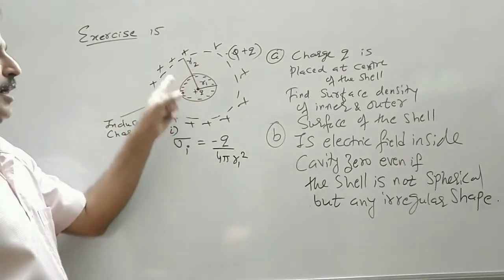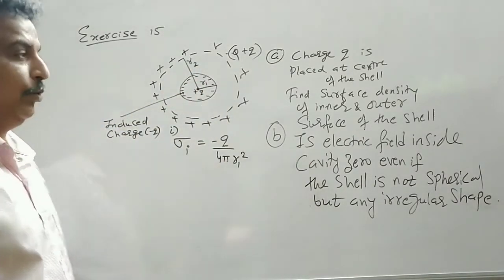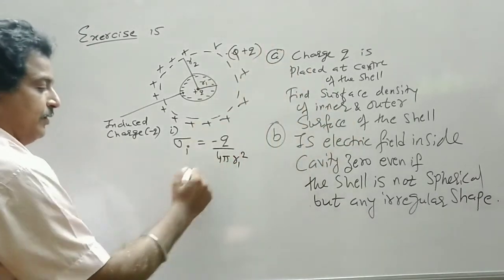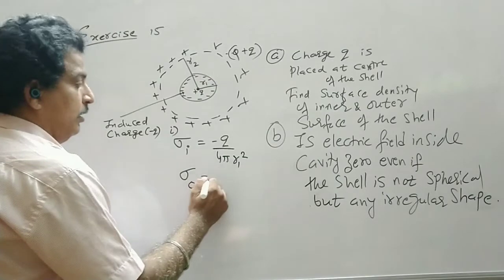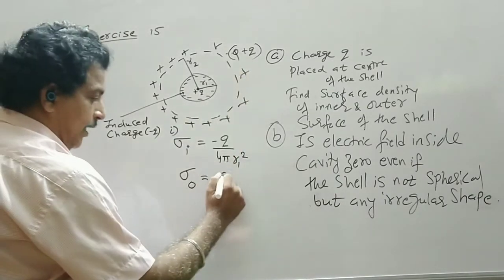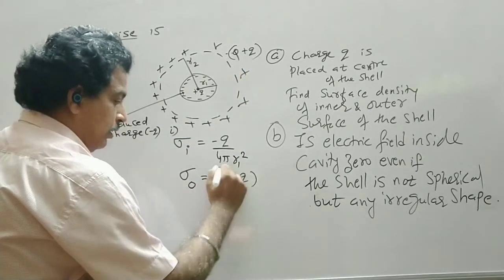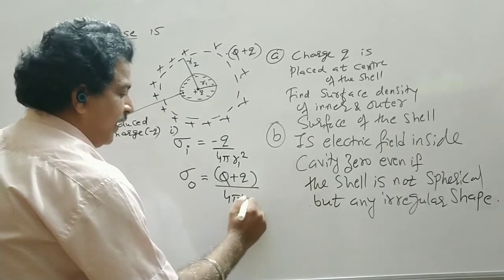Due to induced charge, the surface charge density is negative. And for the outer surface, say sigma naught, the charge is increased and it becomes Q plus q upon 4 pi r square.